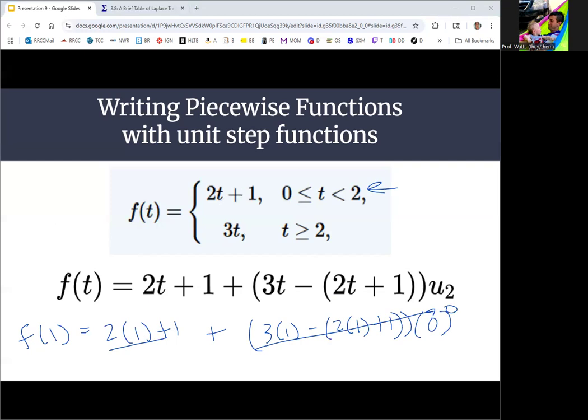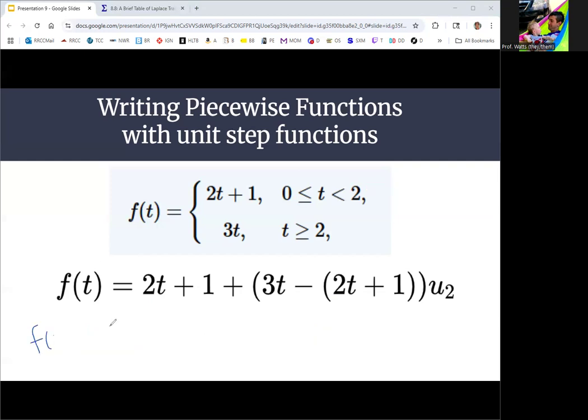All right, what if t is greater than 2? Let's try putting a 3 in there. So we get 2 times 3 plus 1, and then 3 times 3 minus 2 times 3 plus 1. And then the unit step function that steps up at 2, if t is 3, that's greater than 2, and so it becomes a 1. So then this stuff is here.